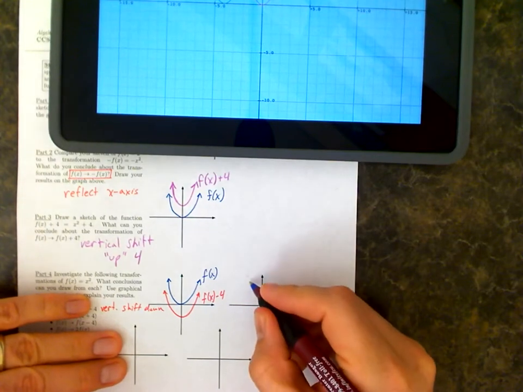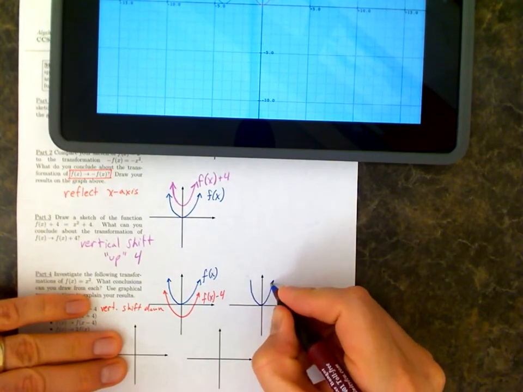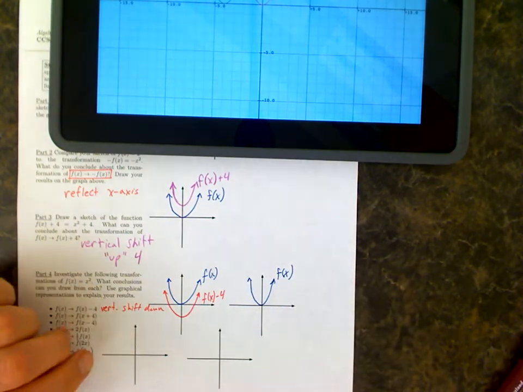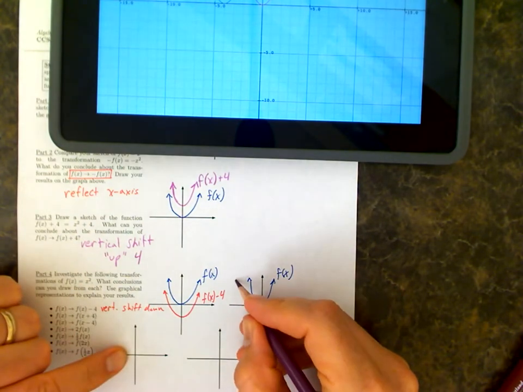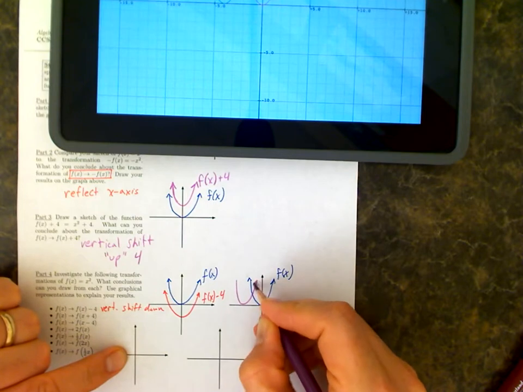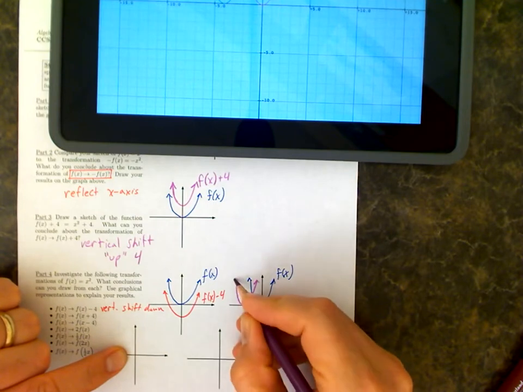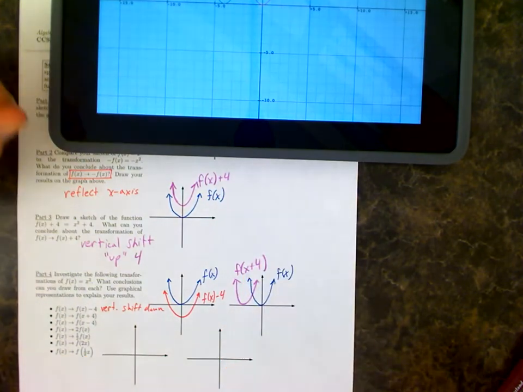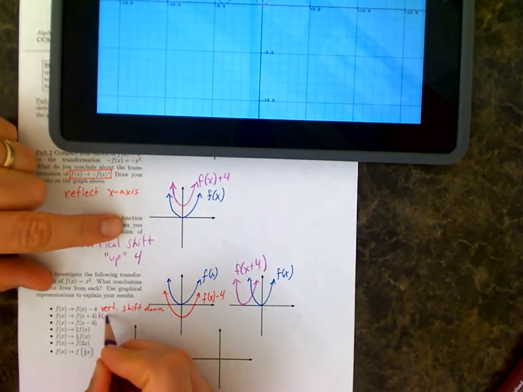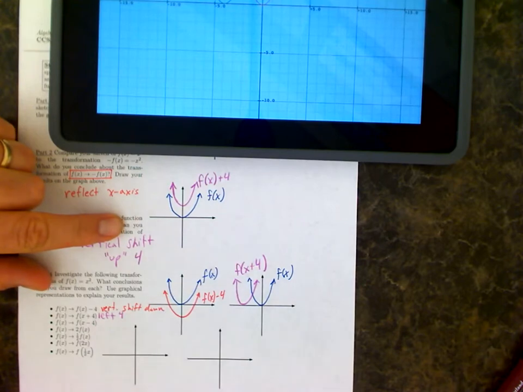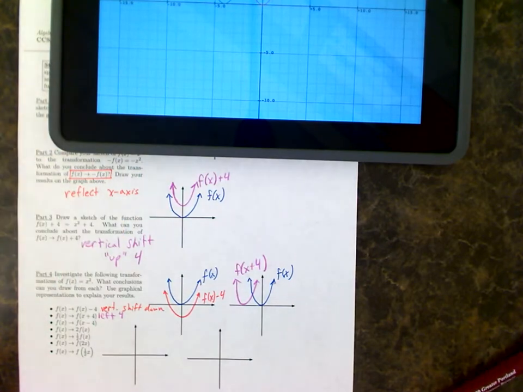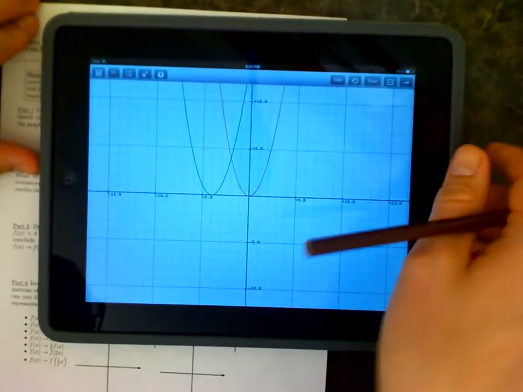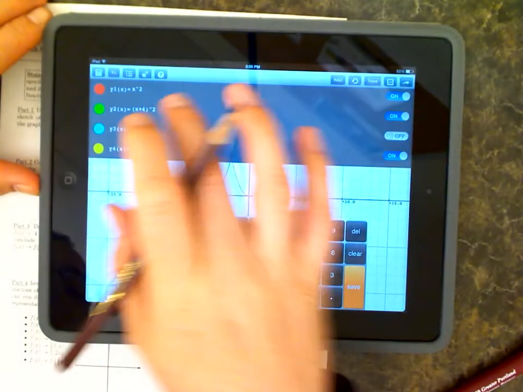Can you see that there? Yeah. So you've got f of x, then you've got f of x plus 4 is left 4. f of x minus 4, you might be able to predict now, it's going to end up being the opposite.